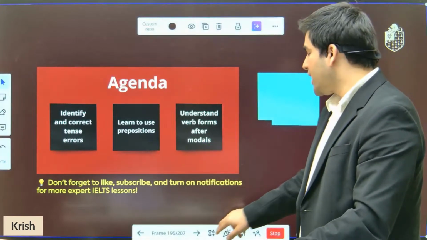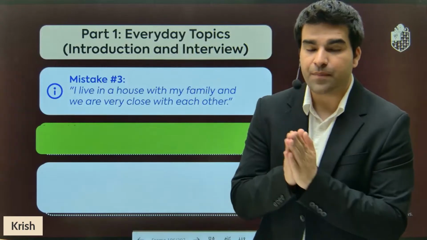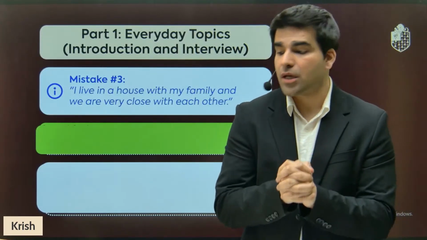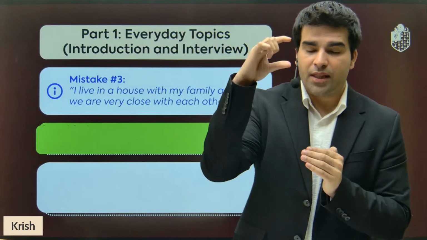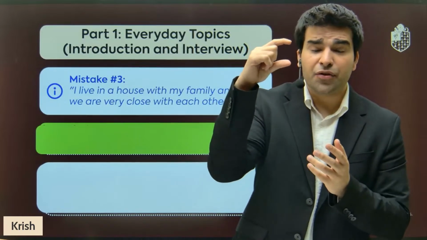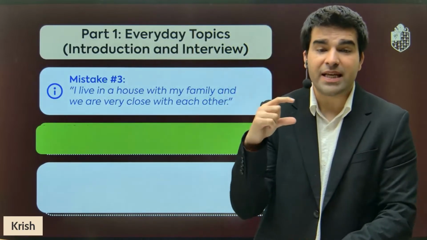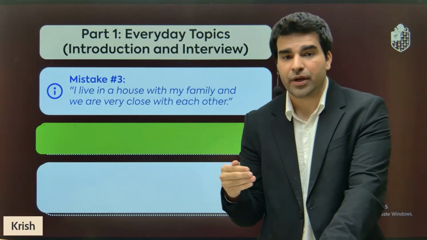Perfect. Thank you, guys, for showing me the thumbs up. So how is the lesson divided? We're going to look at 9 mistakes in total, divided into 3 parts: 3 mistakes for IELTS speaking part 1, 3 mistakes for part 2, and 3 for part 3.